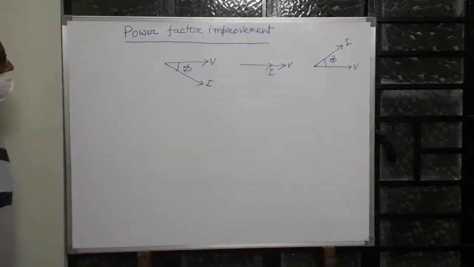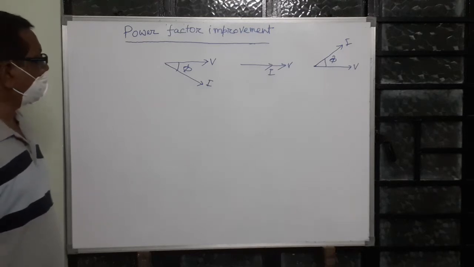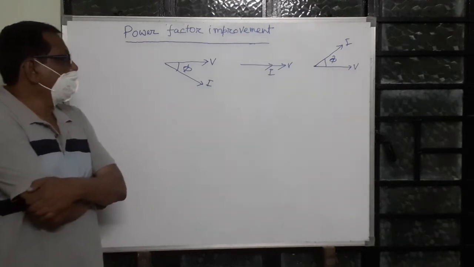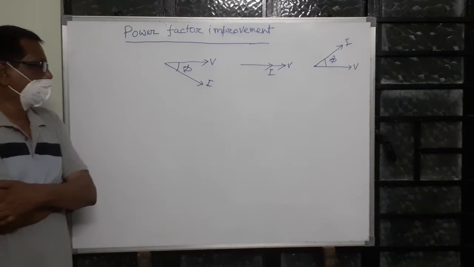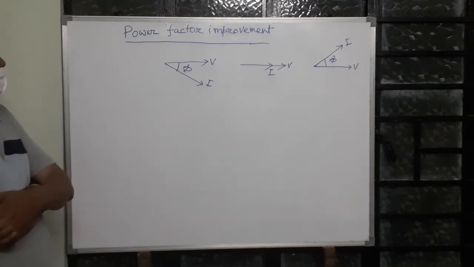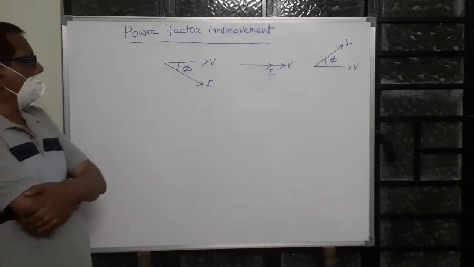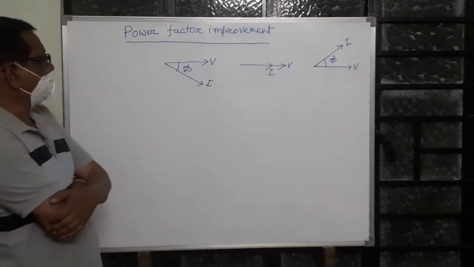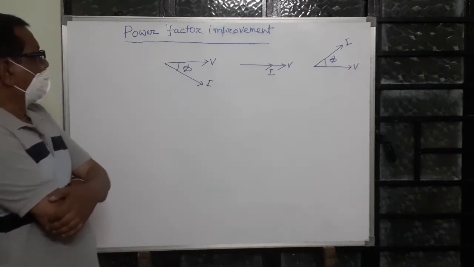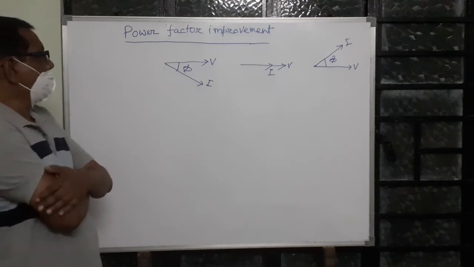Now, most of the industrial load is inductive in nature, because in factories the machines are induction motors and different types of furnaces, whose power factor is lagging, approximately 0.1 to 0.3.